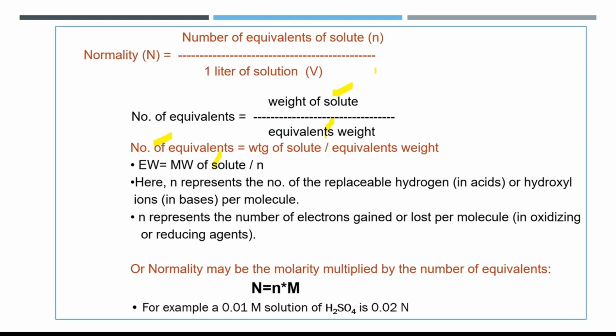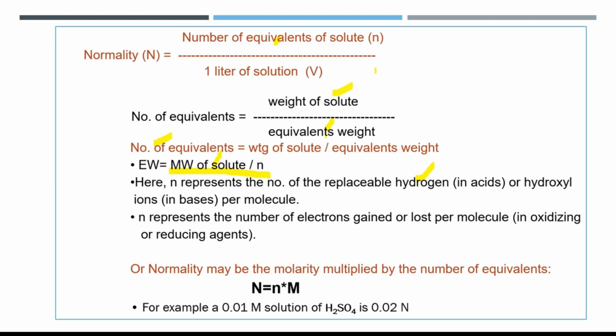So how will you calculate the number of equivalents of solute? Number of equivalents is the weight of your solute divided by equivalent weight, and equivalent weight is equal to the molecular weight of the solute divided by N. N represents the number of replaceable hydrogens in case of acids and hydroxyl ions in case of bases per molecule.